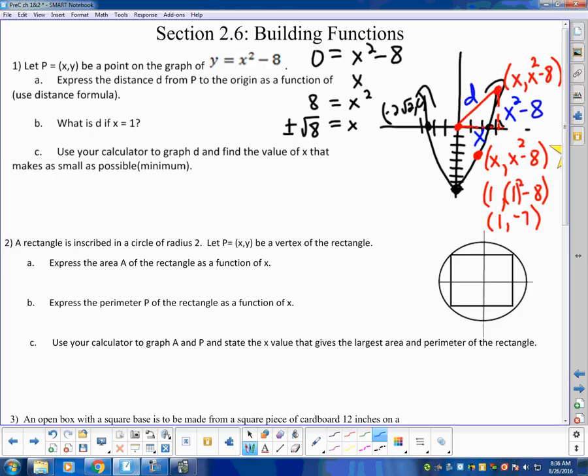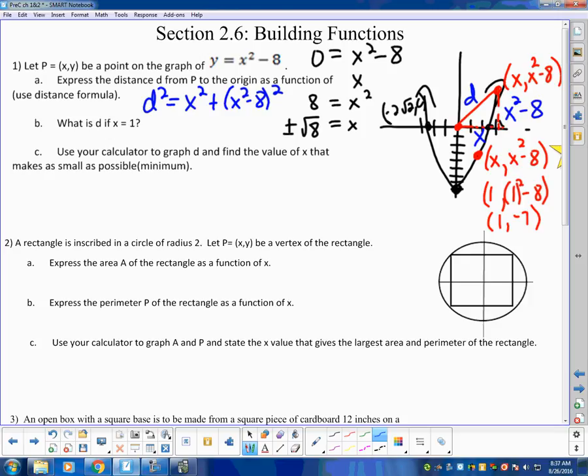So according to the Pythagorean theorem, what kind of an equation do I have? It's kind of a messy one because I have x squareds under square roots. But would you agree I have d squared equals x squared plus (x squared minus 8) squared? You see that using the Pythagorean theorem?